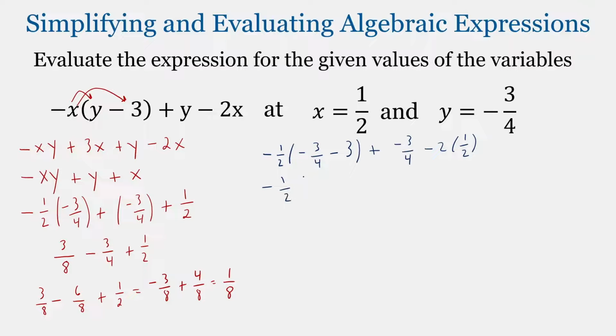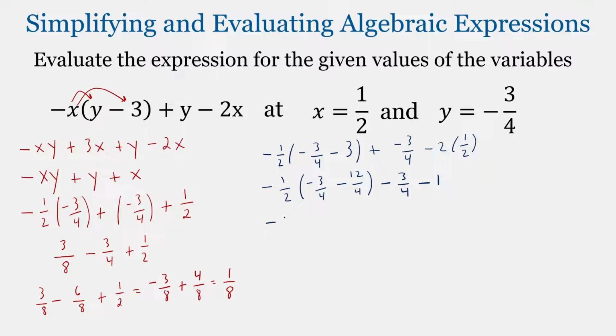Again, we're going to need a common denominator here to add. So we have negative 3/4 minus, so 3 with a denominator of 4, that's going to be 12/4. So we have plus a negative 3/4, so that's minus 3/4. And then 2 times 1/2, that's going to be 1, so minus 1.